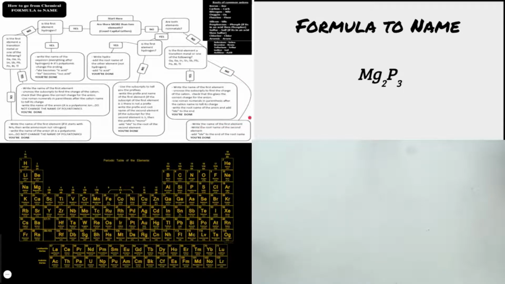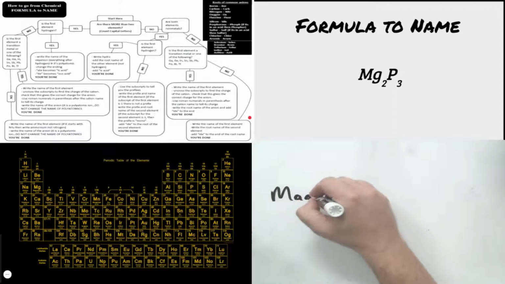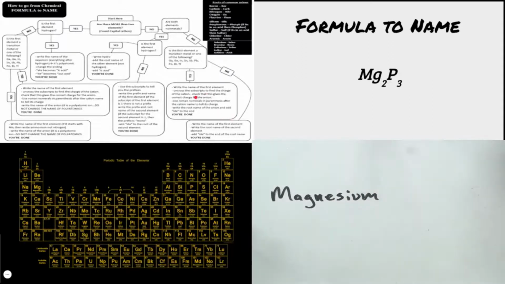Write the name of the first element. So I'm going to write magnesium. Then I'm going to write the root name of the second element. The second element is phosphorus. So I look up here. Phosphorus has the root name of phosp, so basically take off the orus.